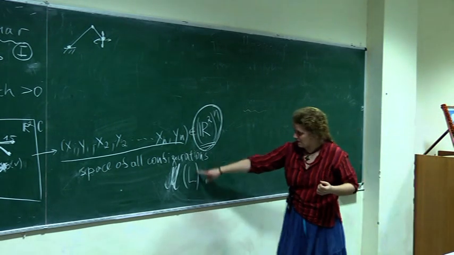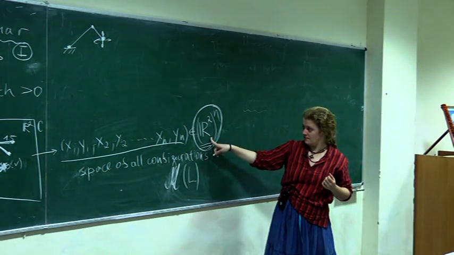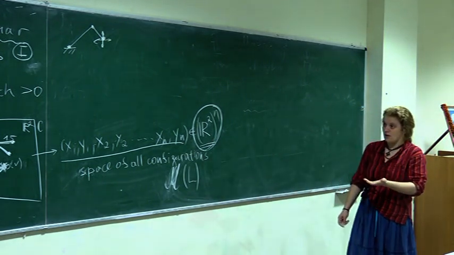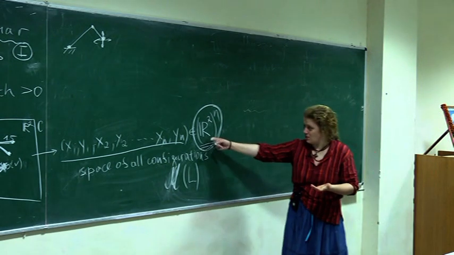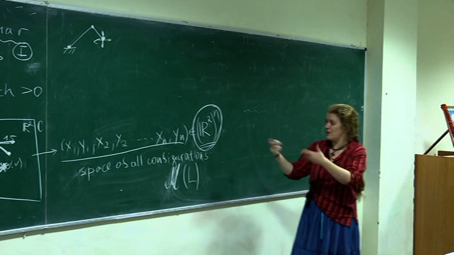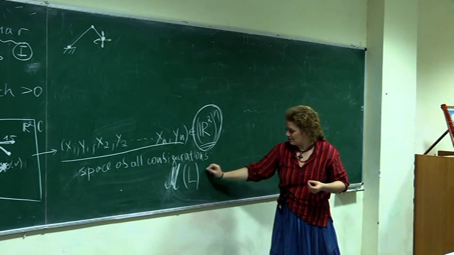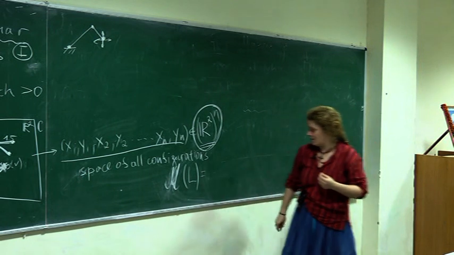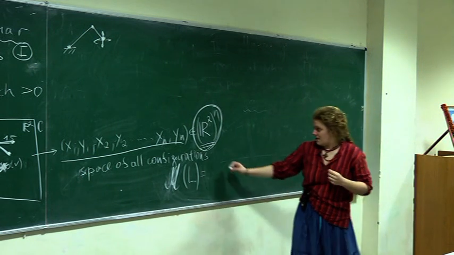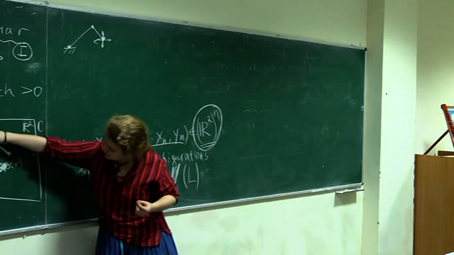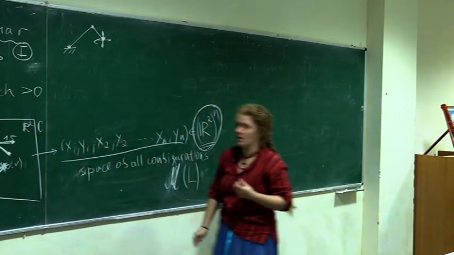It is a subspace of this Euclidean space. In fact, it is an algebraic variety defined by the restrictions on the lengths of these bars.